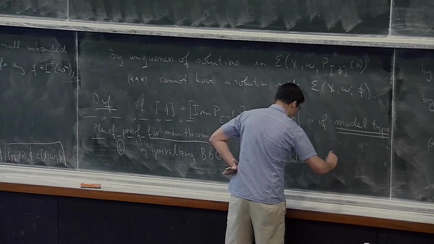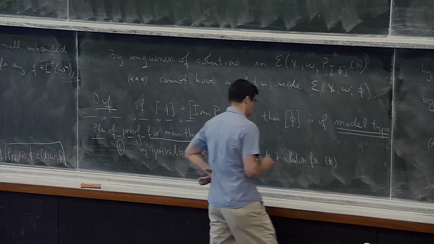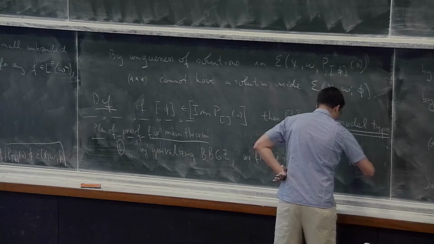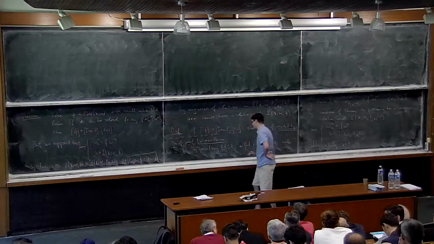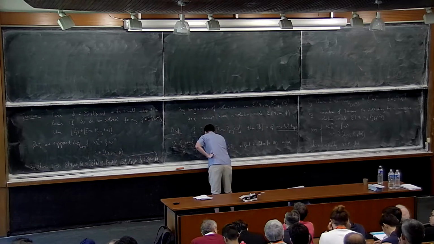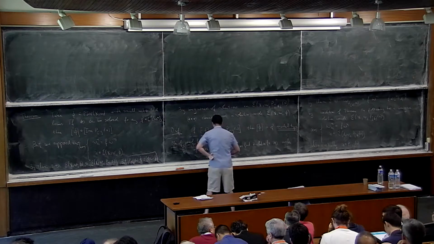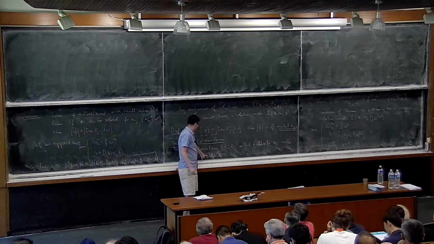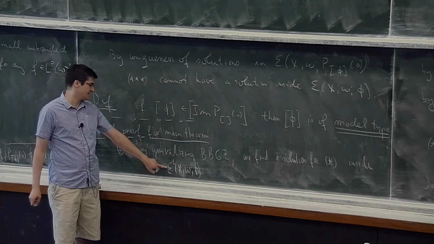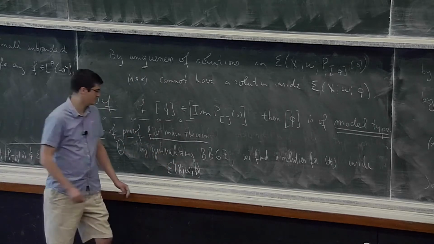Star was the first system. Inside this set E1(X, omega, phi), you can call these the class of potentials with finite energy relative to phi.